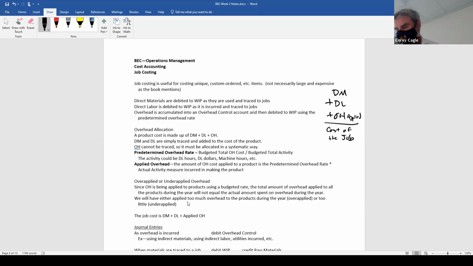We need a way to do this in a timely way. We can't wait till the end of the year and look back and start figuring out how much jobs cost because we probably already sold them, most of them. So that's why we have to use a predetermined overhead rate. So keep in mind, predetermined overhead rate means we are basing it all on budgeted numbers. We don't know any actual numbers yet.